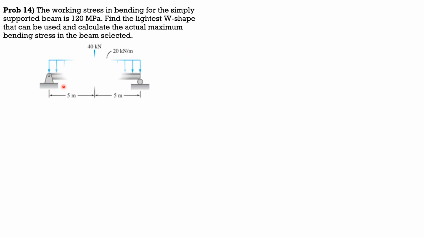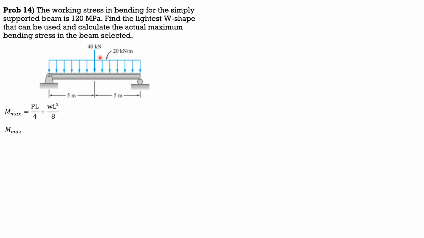So we have a load at the center where the maximum moment is PL over 4 and a uniform load which covers the entire simple span. So the maximum moment is also WL square over 8. Therefore, Mmax is PL over 4 plus WL square over 8.